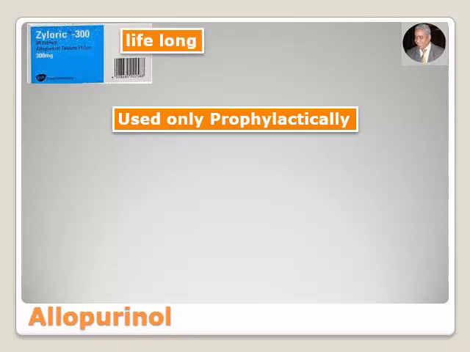Allopurinol's tablet is either 100 or 300 milligrams. It is used 3 times per day for life. It is a xanthine oxidase inhibitor, thus prevents synthesis of uric acid.